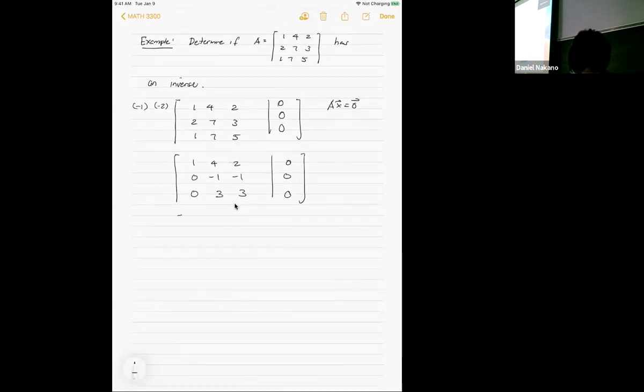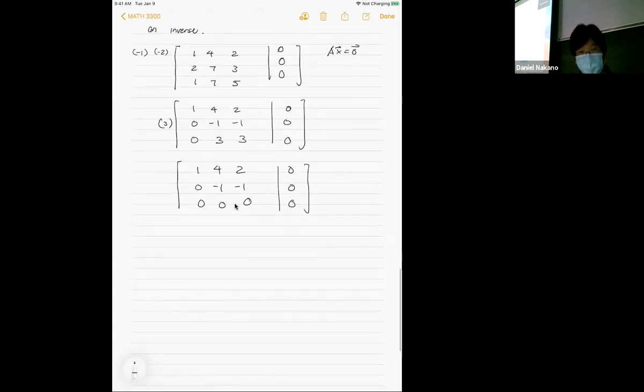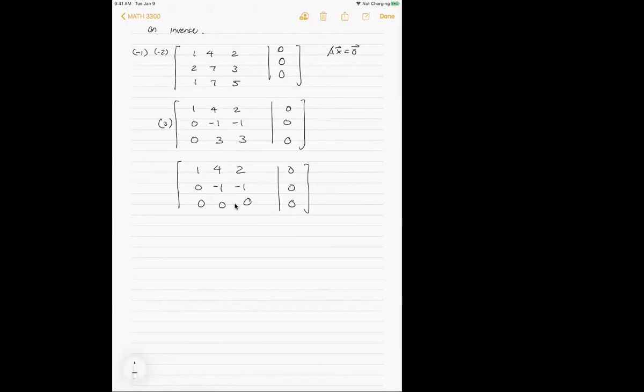So we just continue on. 1, 4, 2, 0. Multiply the second row by 3, add it to the third row. So we keep the second row the same. 0, 0, 0, 0. Conclusion? It's not invertible.